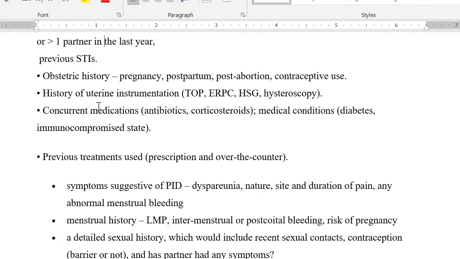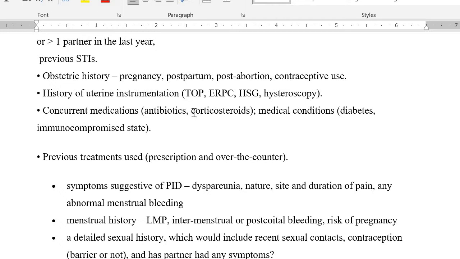Then is there any history of uterine instrumentation, like termination of pregnancy? ERPC has been done, evacuation of retained products of conception. Then hysterosalpingography or hysteroscopy has been done. Then concurrent medications. Is she taking antibiotics or corticosteroids?